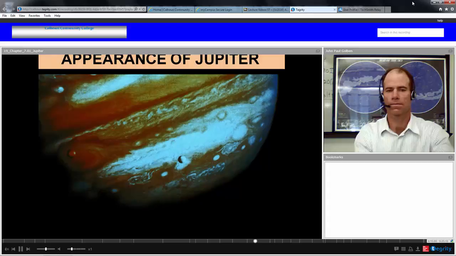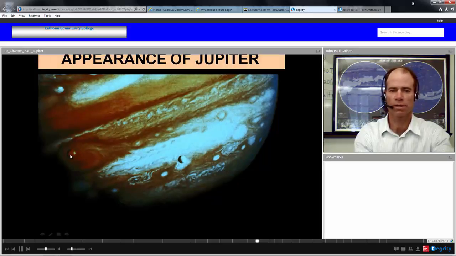Here's Jupiter with 2 of its moons kind of superimposed on this picture. This would be Europa and Io. Io being a very reddish moon, Europa being an icy moon, and kind of neat in this picture.